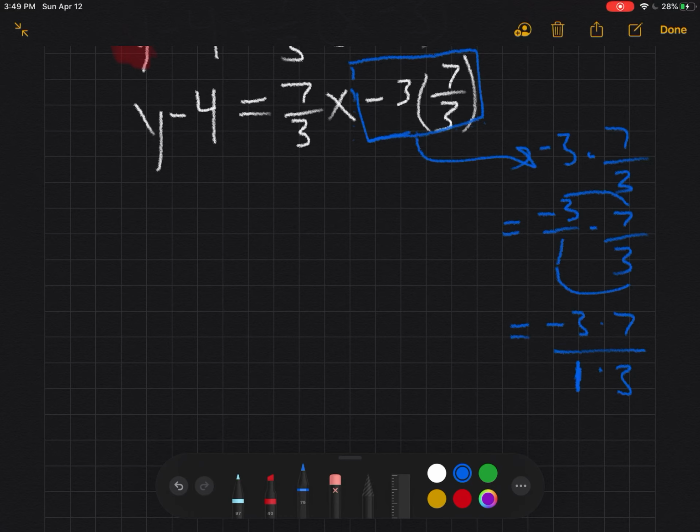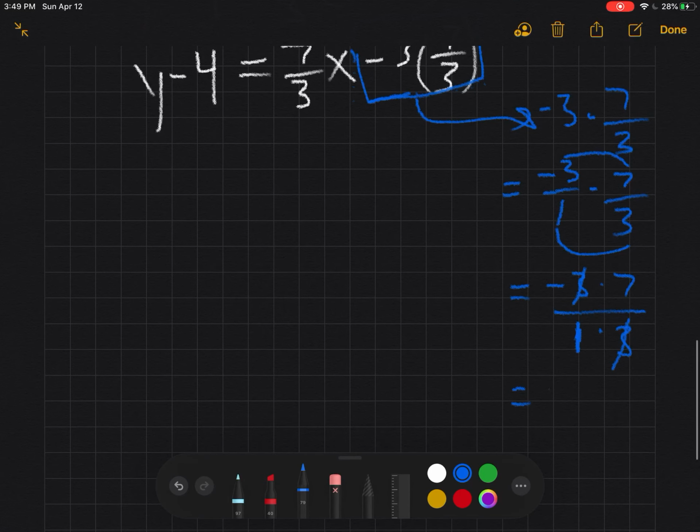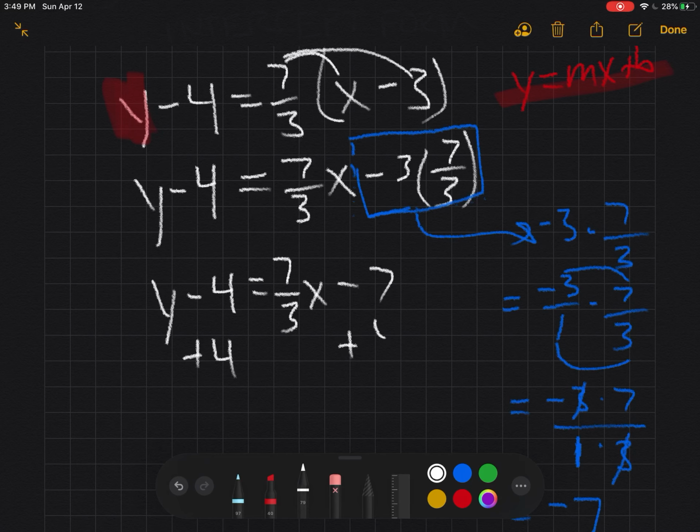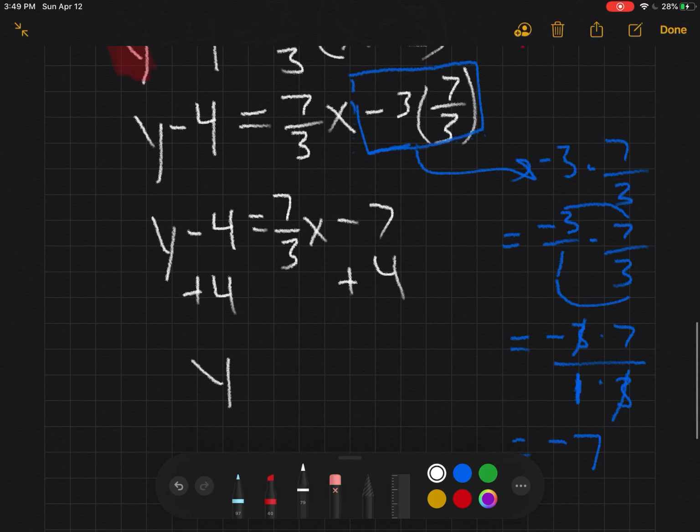So we end up with negative 3 times 7 over 1 times 3. Here you notice that I have a 3 divided by 3, which is equivalent to 1, so those cancel. What I'm left with is negative 7. If you already knew that, that's fine. I'm just showing it for those of you who wanted to see that step, because it's a video, we got time.